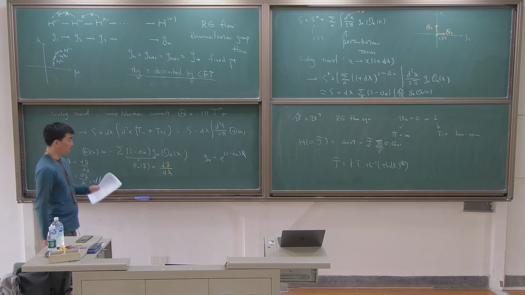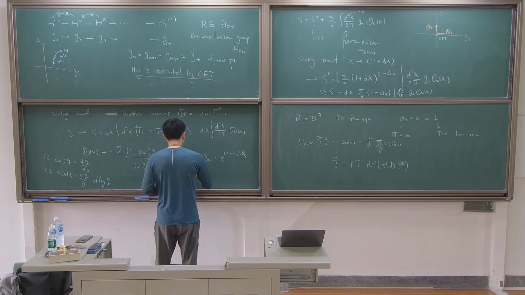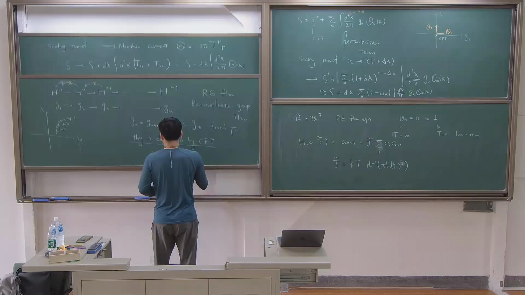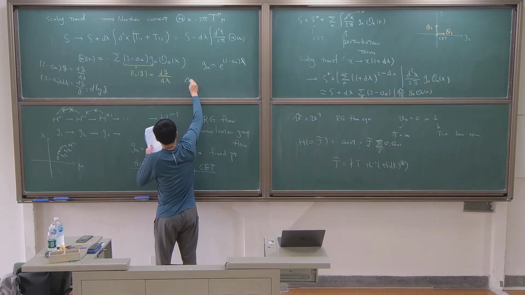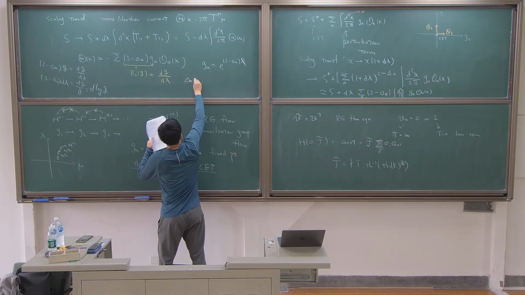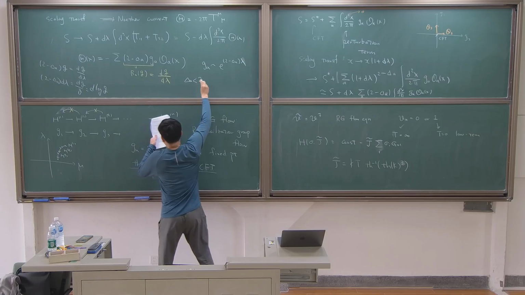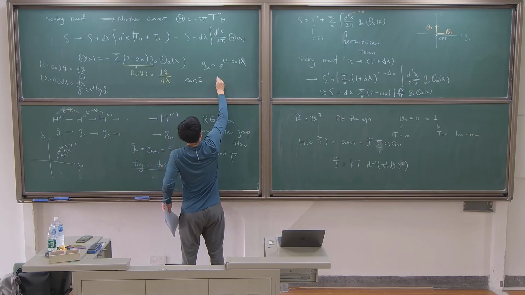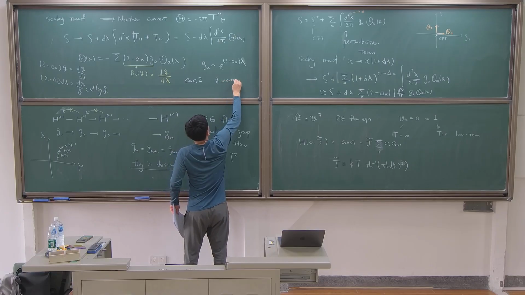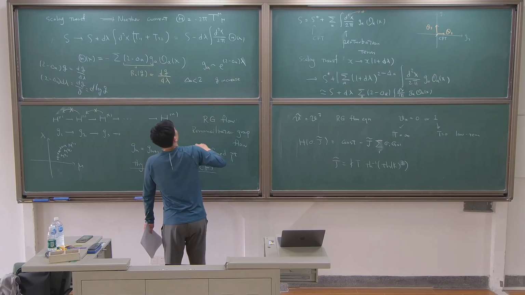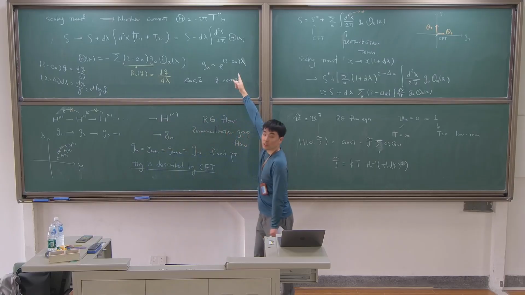Fine. So if Delta_A is less than 2, the coupling constant G will increase. G will increase if you scale lambda.